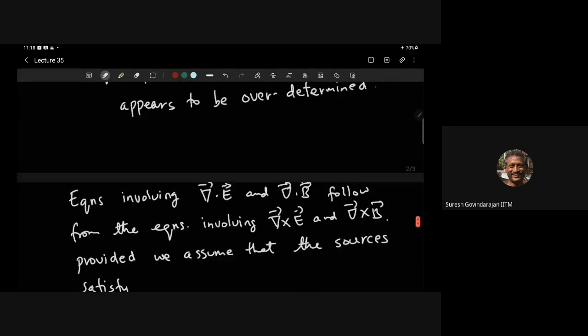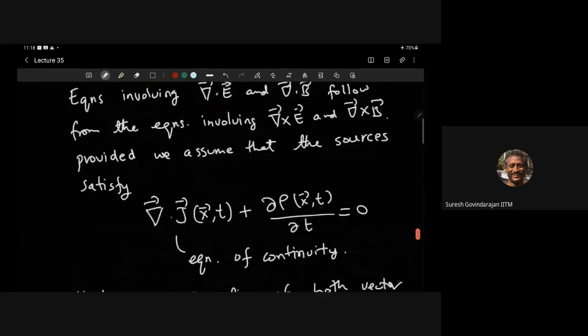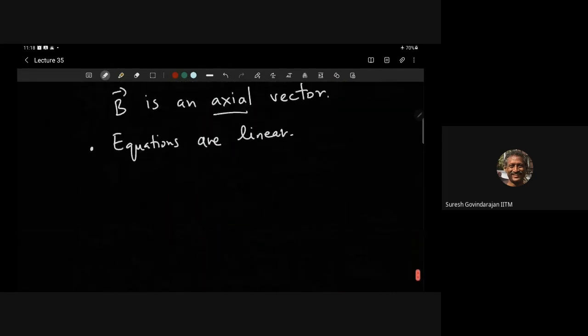Let's call all these four equations ME, short for Maxwell's equations. Let me explain this.